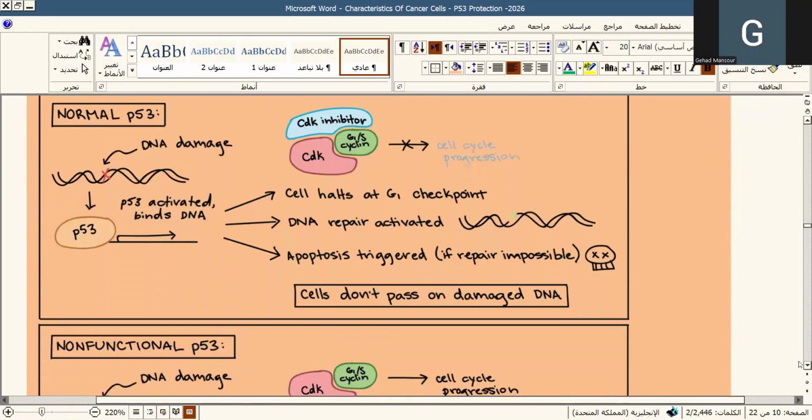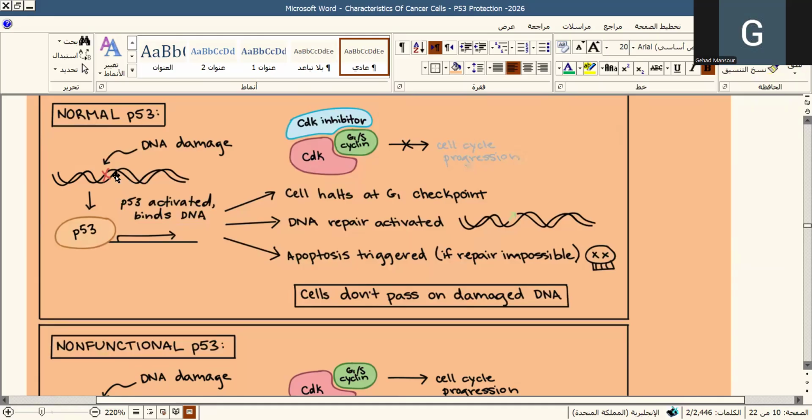So in this diagram, we see the normal condition, when we have a normally functioning, non-mutated P53. What is really amazing is that the P53 itself, which is supposed to respond to mutations in DNA, might itself be mutated. So here we are dealing with a condition in which we have DNA damage.